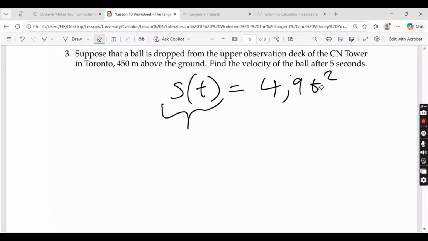When I was replacing t with 5, I don't know why I was doing that. I'm joking. I was trying to figure out the distance. The distance, yeah. Okay, let's try that. Maybe it will work.